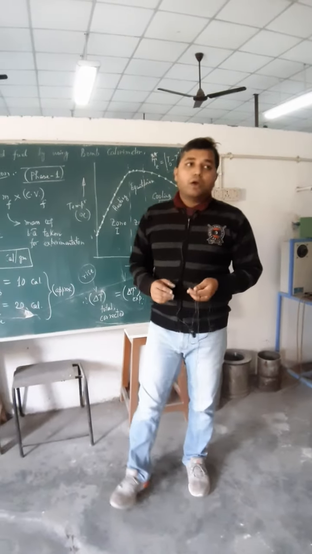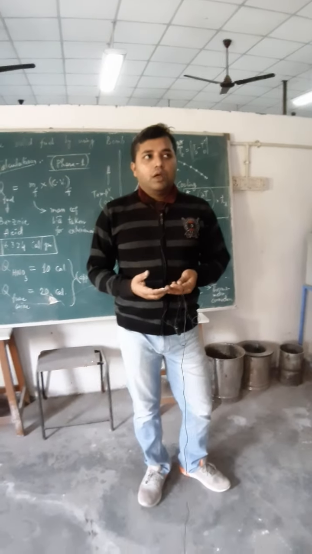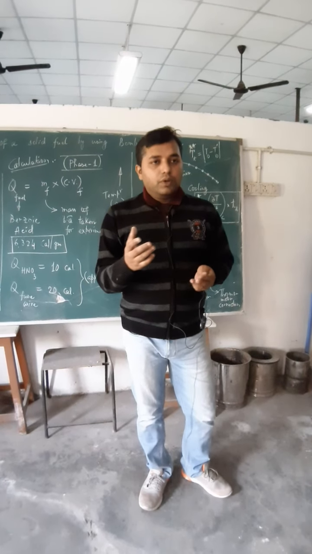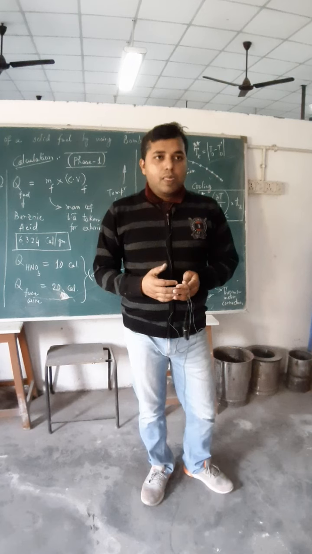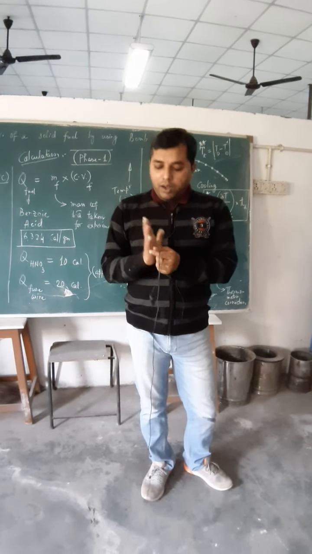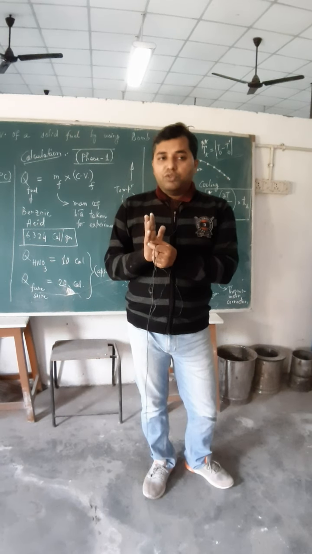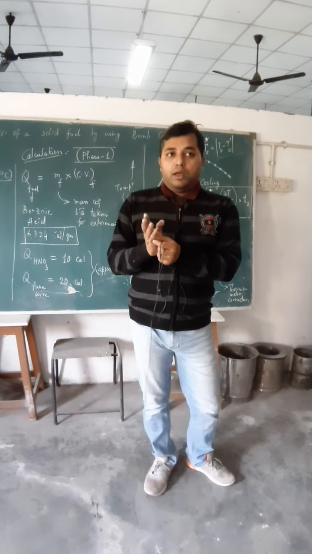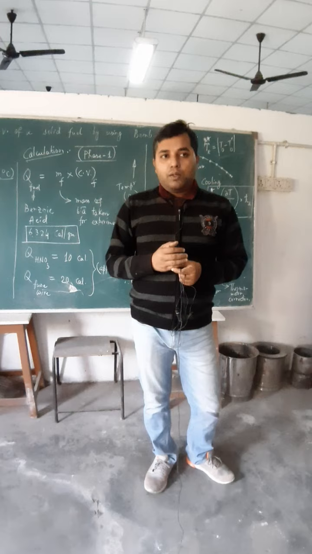Now we will learn how to use all the apparatus and how to make the pellet, number 1. Number 2, how by using the thread we will hang the pellet over the crucible.